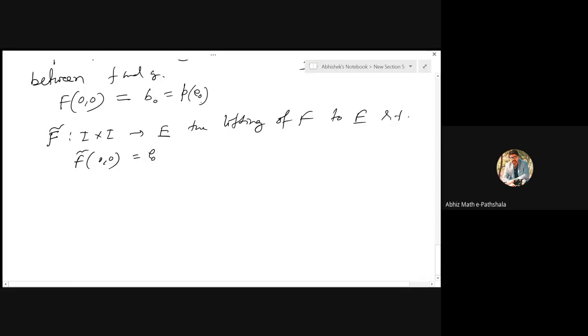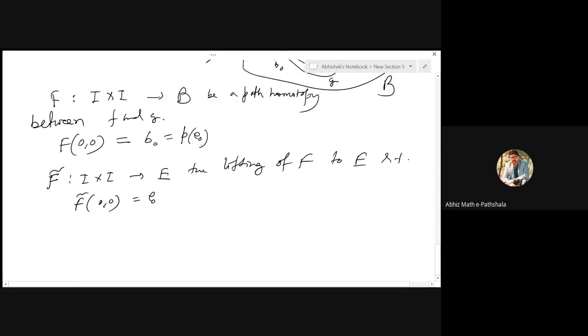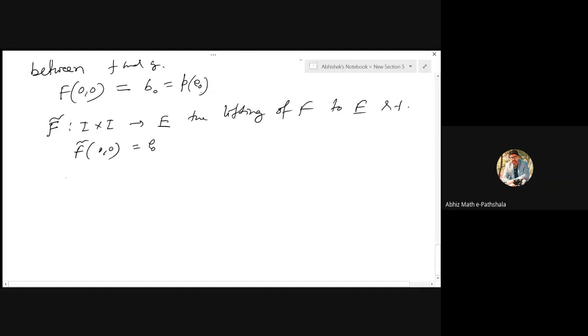And also in the last result you have proved that if F is a path homotopy, then so is the lifting. So F tilde is also a path homotopy. Therefore, being a path homotopy, F tilde of the left edge will go to e naught, since it belongs to the set p inverse b naught.